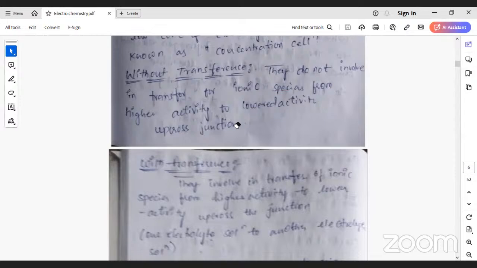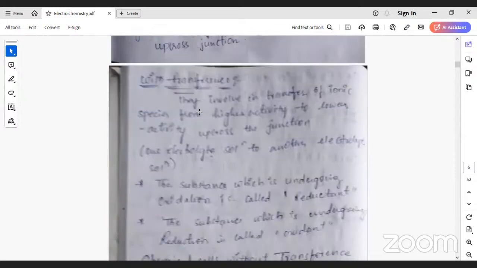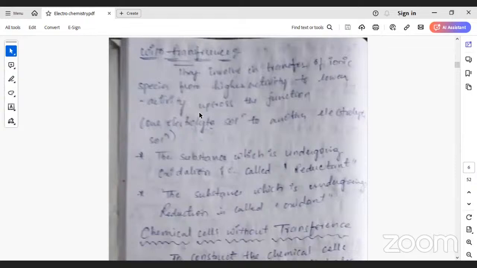With transference means they directly involve the transfer of ionic species from higher activity to lower activity across the junction. If there is no direct transfer, that is without transference. These are the concepts of chemical cells and concentration cells with and without transference.